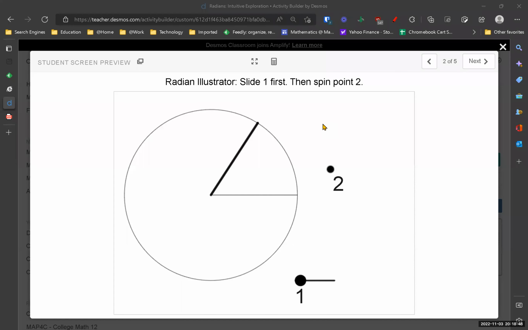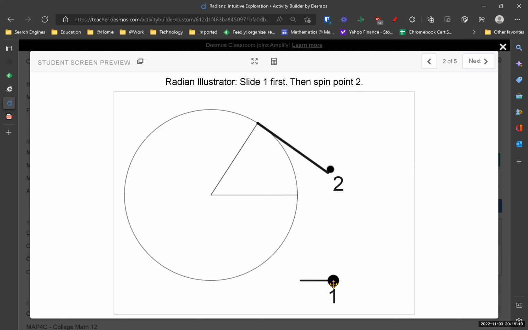First let's look at this circle. I'm going to highlight one of these lines, the radius of the circle. Now watch as we move this radius. We twist it around so that it's trying to mimic that idea of an arc.